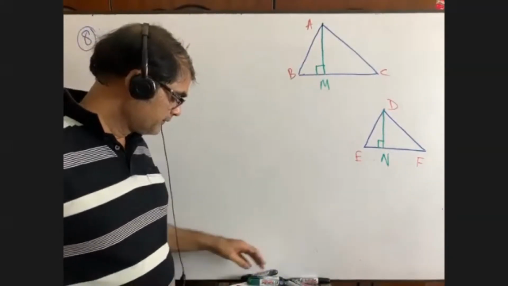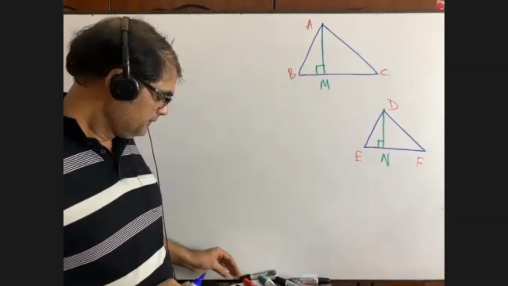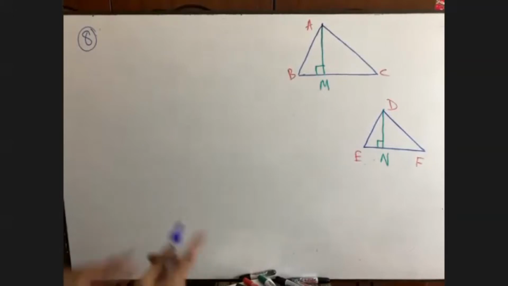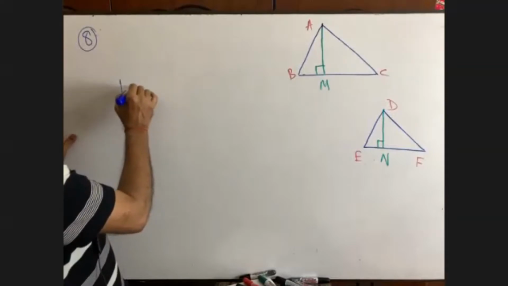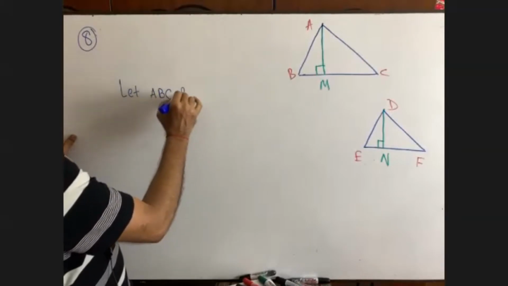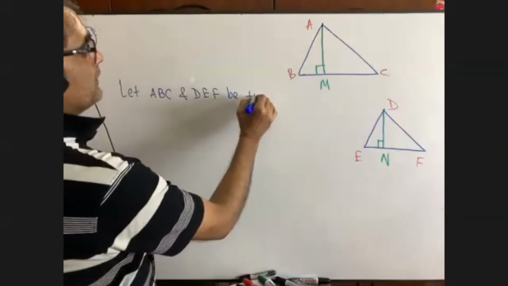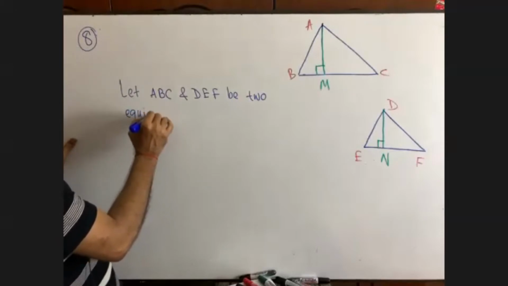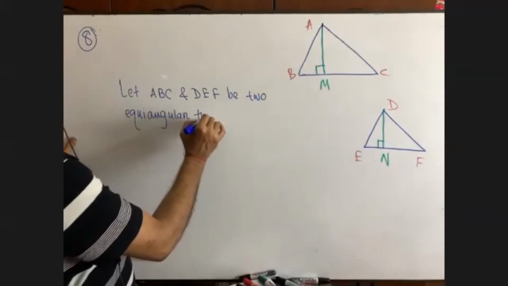Write down. Let ABC and DEF be two equiangular triangles.